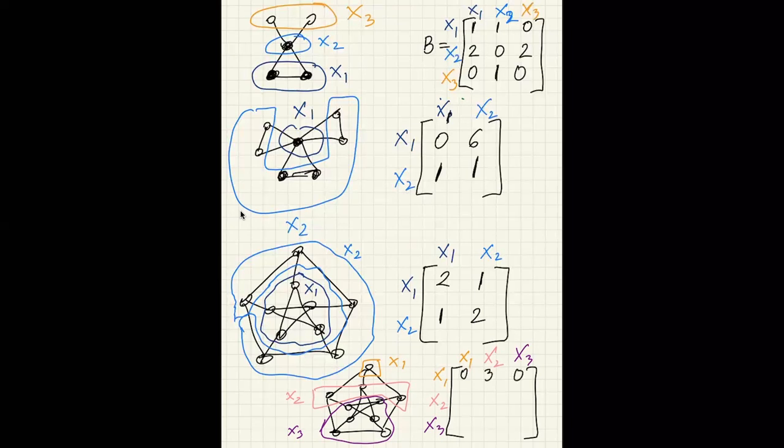A vertex in x2 has exactly 1 neighbor in x1, has 0 neighbors in x2, and you have to check a little bit in the picture, but you can see that each vertex in x2 has 2 neighbors going down, so that gives you a 2. x3 to x1 is 0. x3 to x2 will be a 1, and here we will get a 2. Okay, all right. So anyway, there are several examples.